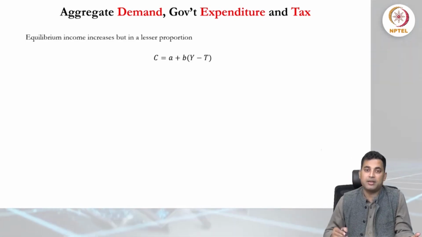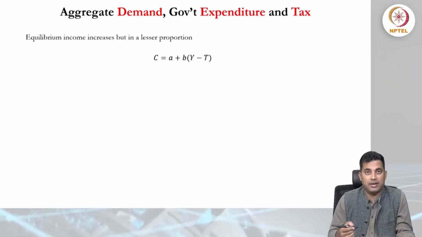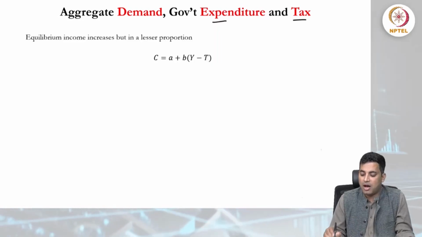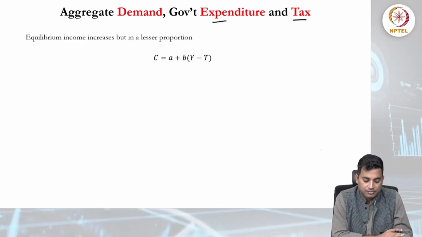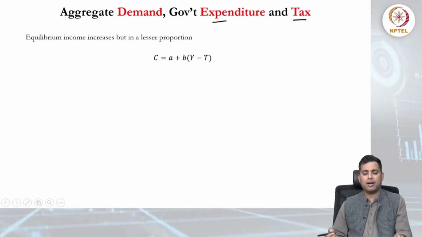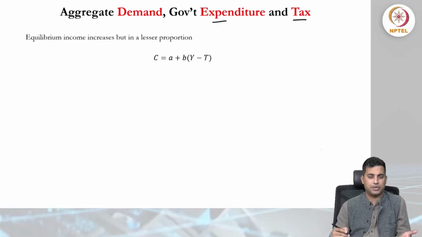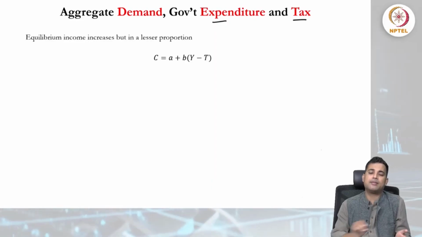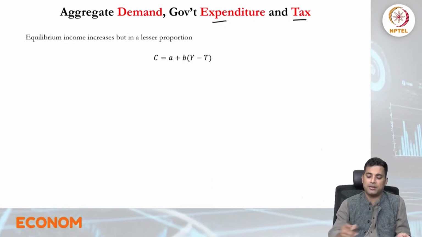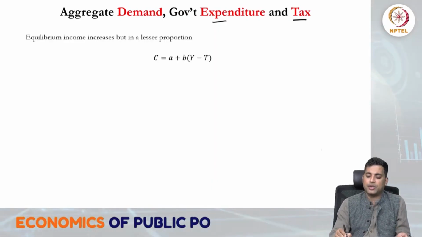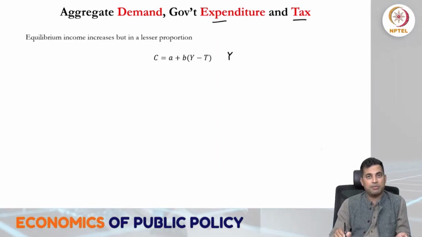So now to aggregate demand with government expenditure, we add taxation. From equilibrium income, taxes are proportional. This is the equation we know for consumption expenditure. Earlier, total Y was considered the disposable income.